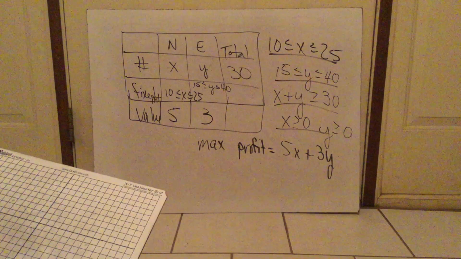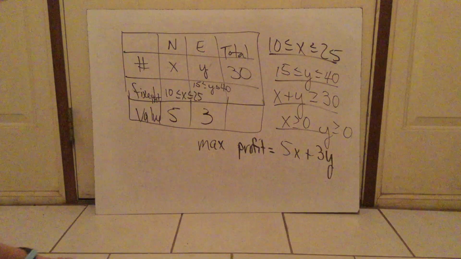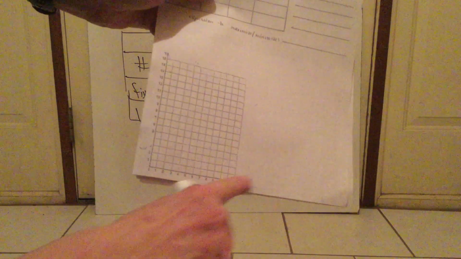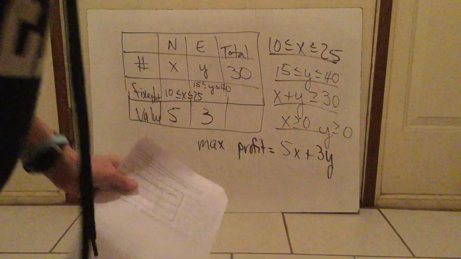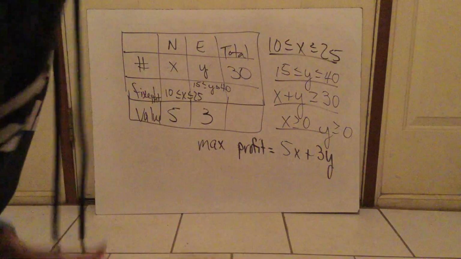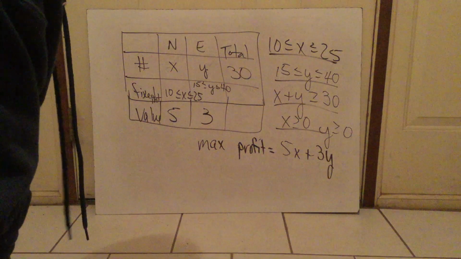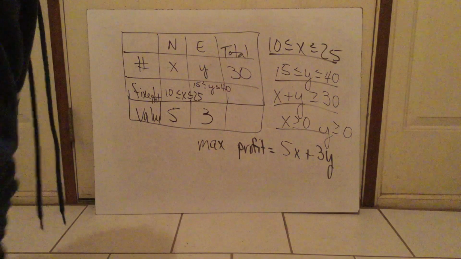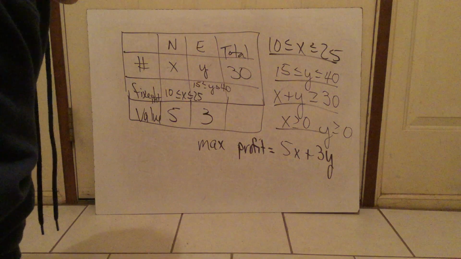So, as usual, you've got a grid set up there that you are welcome to expand. If you don't like the size of it, you are welcome to expand the graph however you would like to. Looking at these numbers, there's no way I'm going to be able to get a 40 in there. So I'm going to change my scale.